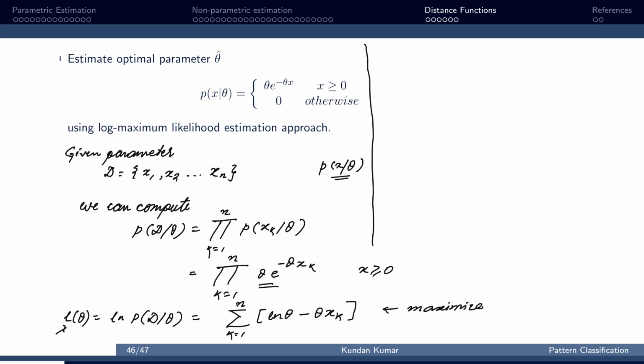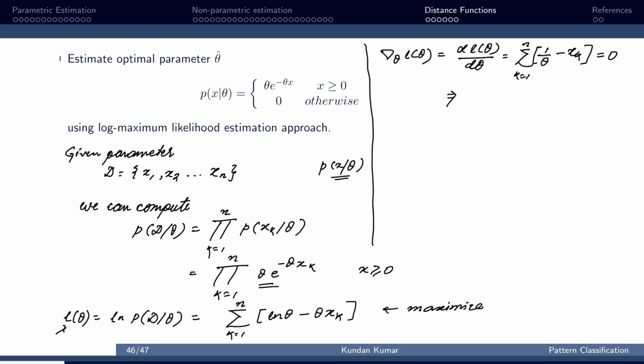So here the gradient of L theta, dL theta by d theta, will be equal to the derivative of ln theta, which is 1 by theta, minus xk, where k equals 1 to n, and we will equate this term to 0 so that we can get the solution for theta, and that will be our estimated theta for which L theta will be maximum.